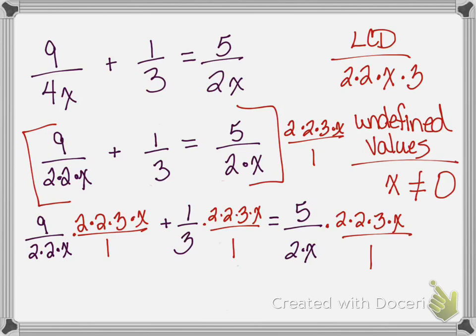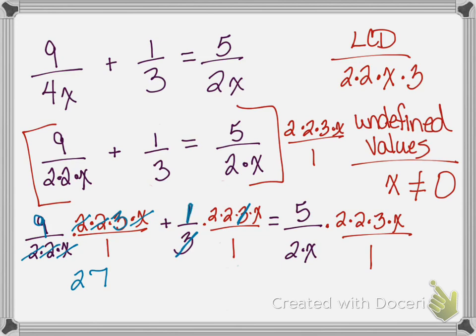Okay? If it's in the top and the bottom, I can cancel it. I have 2 and a 2 in both the top and the bottom, and I have an x and an x. So I'm left with 9 times 3. What's 9 times 3? 27. Okay, for my next one, I have a 3 in the denominator that I can cancel out, but I can't cancel out anything else.